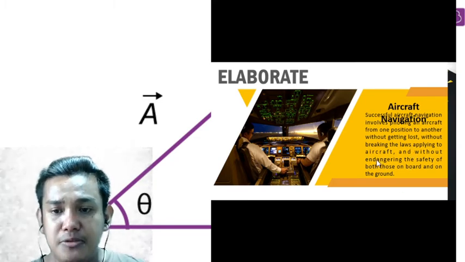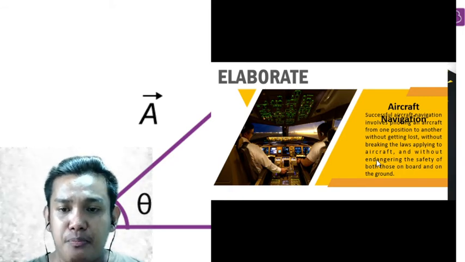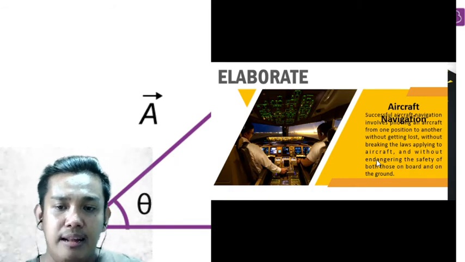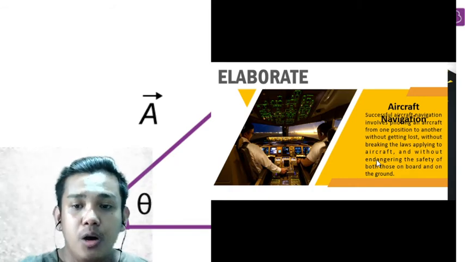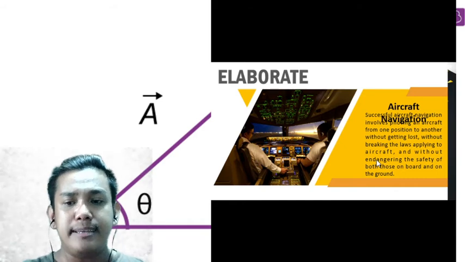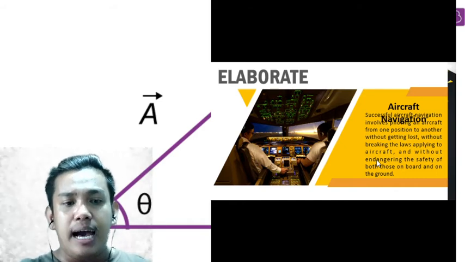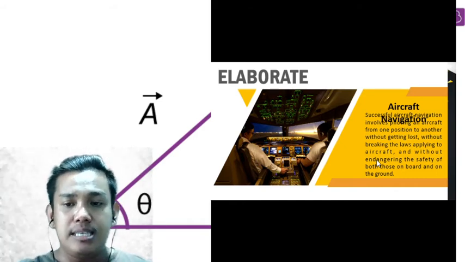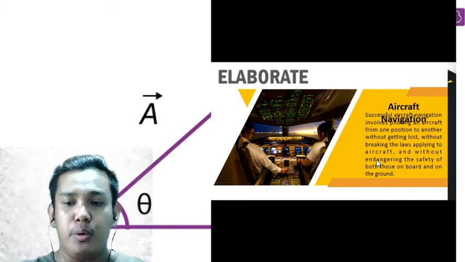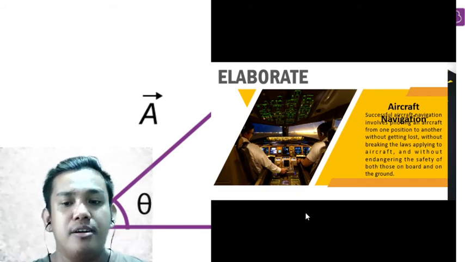Successful aircraft navigation involves pointing an aircraft from one position to another without getting lost, without breaking the laws applying to aircraft, and without endangering the safety of both those on board and on the ground.